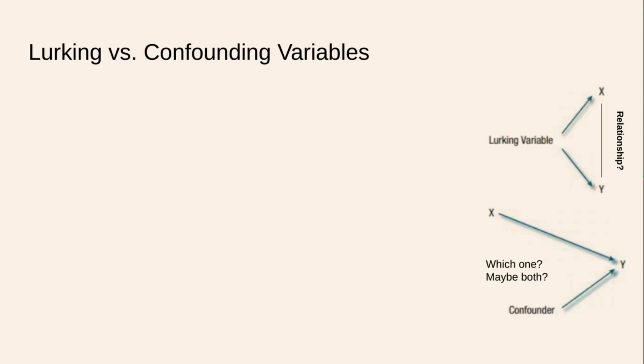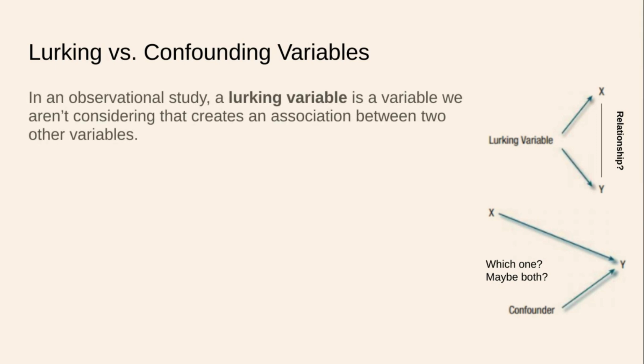So to end our lesson today, let's talk about the difference between a lurking variable, which we've discussed in a prior section, and a confounding variable. So in an observational study, a lurking variable is a variable we are not considering that creates an association between two other variables. So let's look at this picture over here.